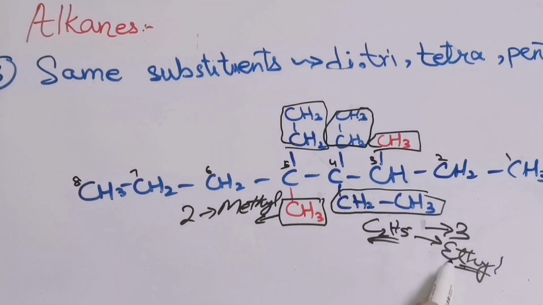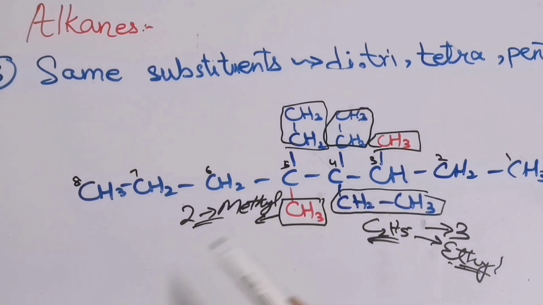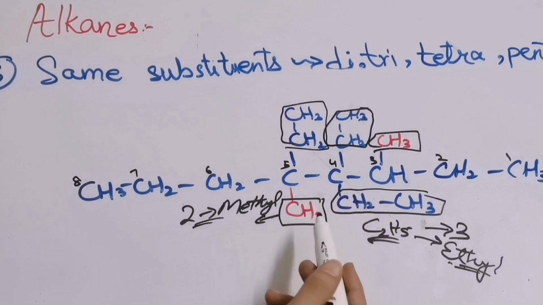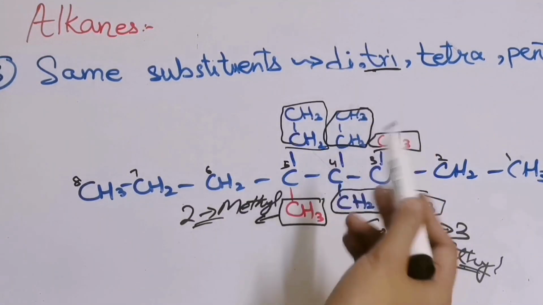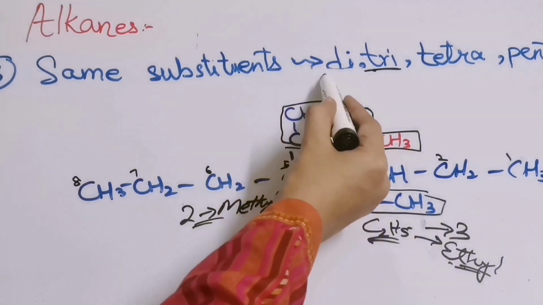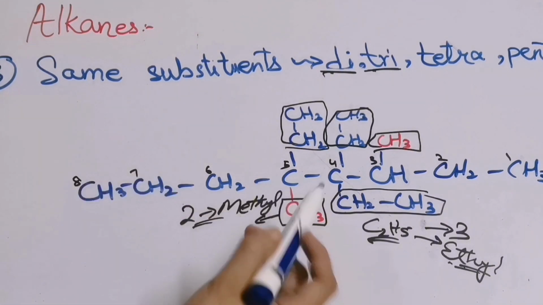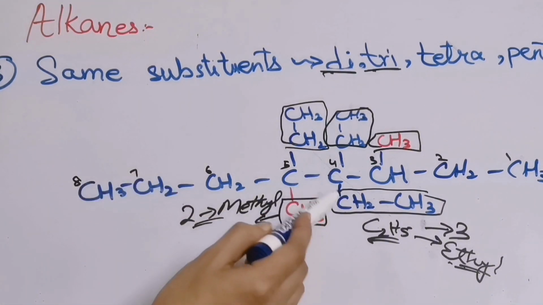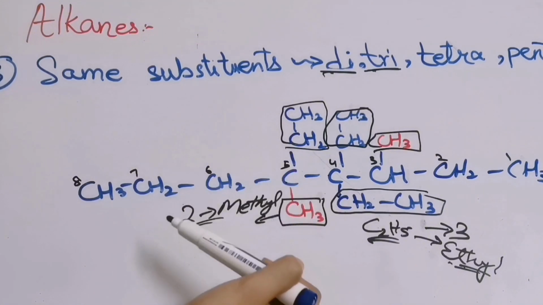So first we will write ethyl and its positions, and then we will write methyl. How many ethyls are present? 3. And for 3 ethyls we will use tri. And how many methyls are present? 2. And for them we will use di. Now what are the positions of ethyl? 2 ethyls are present on position 4 and 1 is present on position 5.